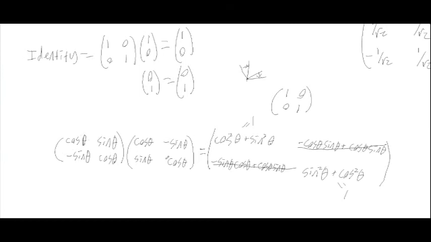So the negative sign went from here to up here, and that is how we ended up with these two matrices. One that moves it in this direction, and then one that moves it right back in the other direction.